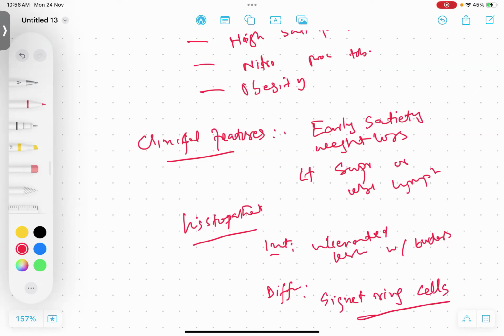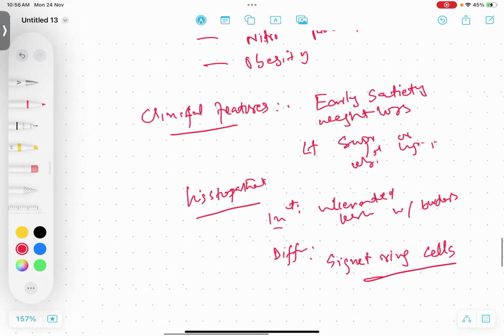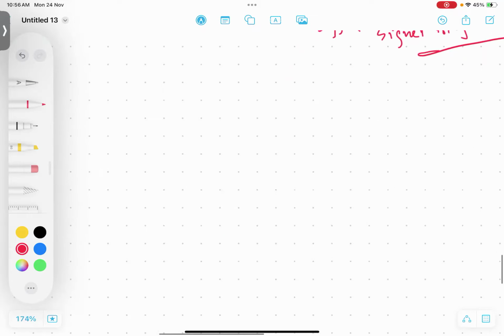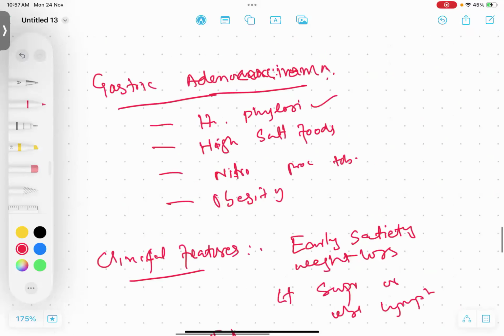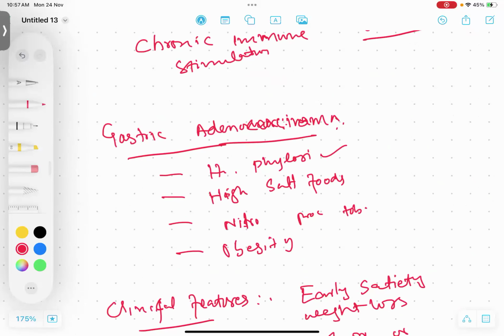Right? So you have studied all these things in your GI pathology. So I just wanted to revise these things. But the important things you need to remember are these risk factors for gastric adenocarcinoma, which are, for example, H. pylori infection, high salt foods, nitrosamine containing compounds, for example, processed meats or tobacco.